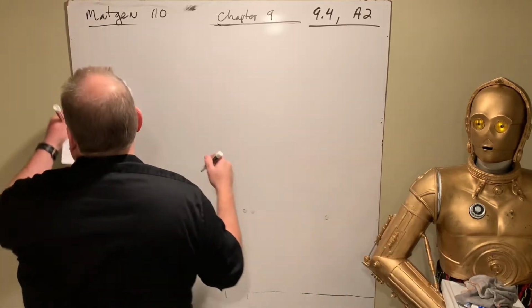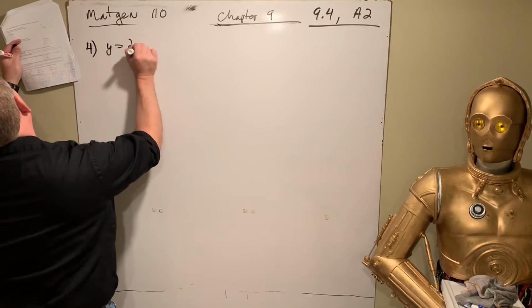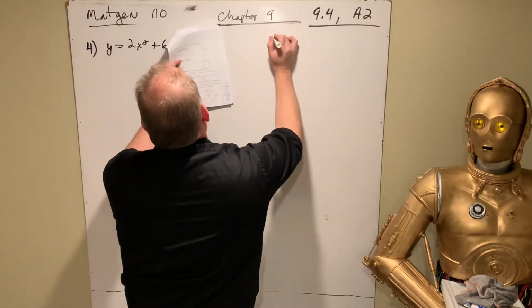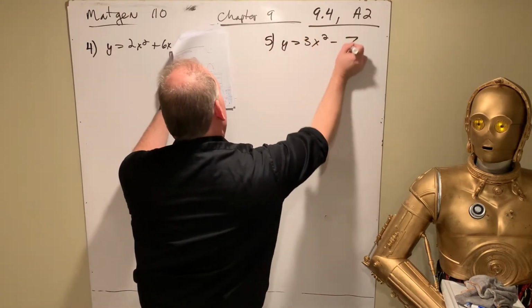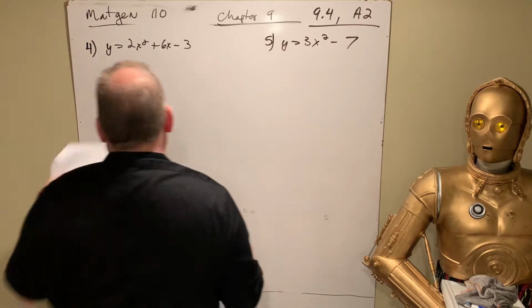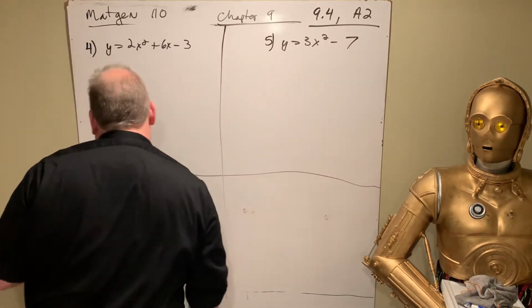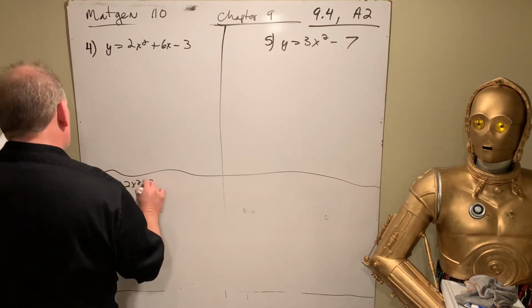All right. So here we've got 2x squared plus 6x minus 3. We've got 3x squared minus 7, and we'll do another one: 6y equals 2x squared minus 8x plus 1.